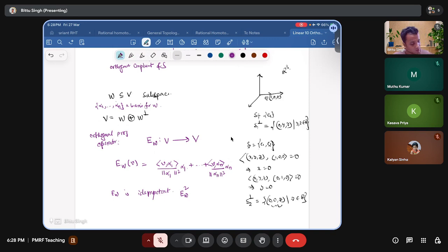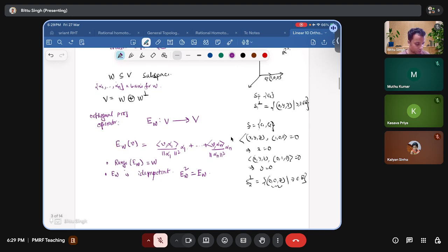The range of E_W is W, but we can always define this. Then E_W squared is defined, composing from V to V again, and E_W squared is the same as E_W. So the observations are: the range, the image set of E_W, is W, and second, it is idempotent.